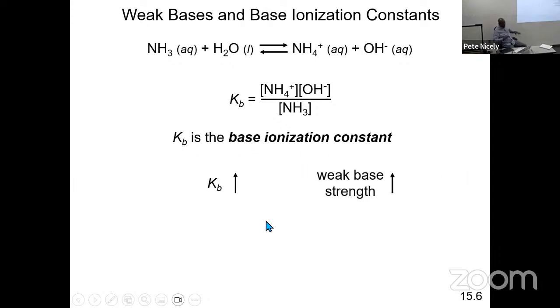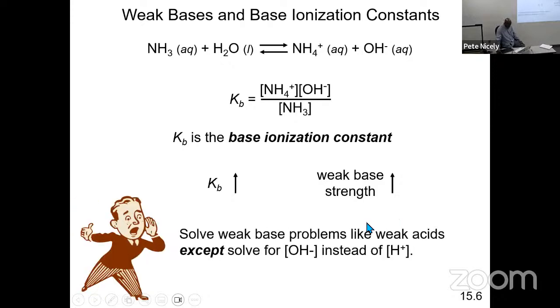And just as there is a direct relationship between Ka and the acid strength, there's also a similar relationship between Kb and the base strength, right? So as the Kb value increases, the strength of the base increases as well. When it comes to solving problems involving weak bases, it's pretty much the same way as in the case of weak acids.